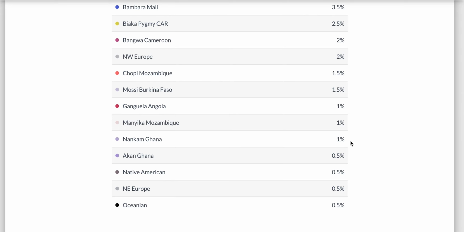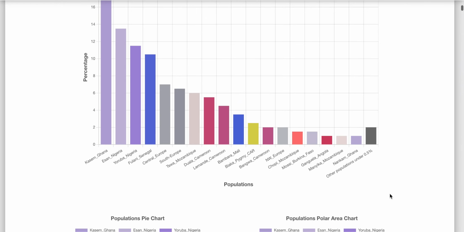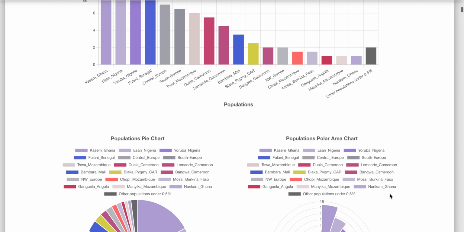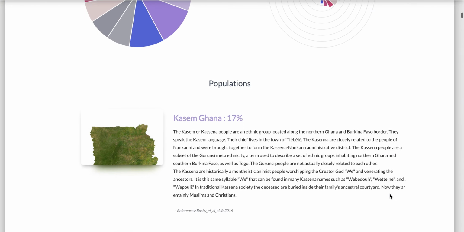Okay, and you can see Native American shows up 0.5% here. Akan, Ghana shows up 0.5% here. Europe and Oceania. Okay. So that's the 200 fragments of my DNA, and that's the breakdown they found.